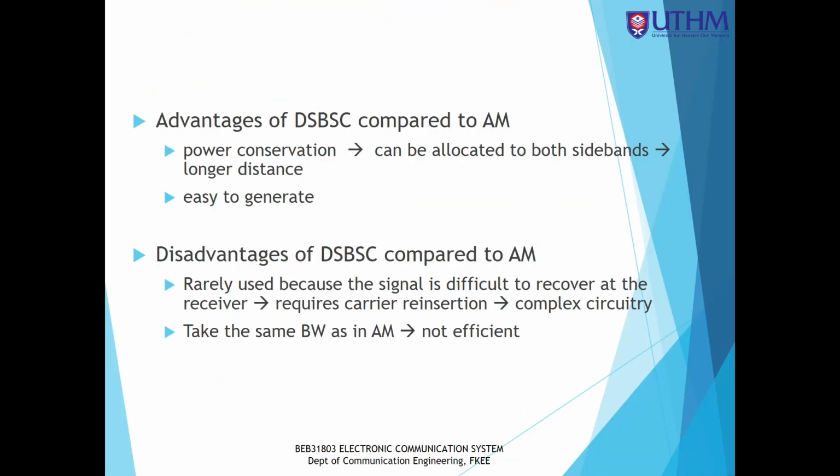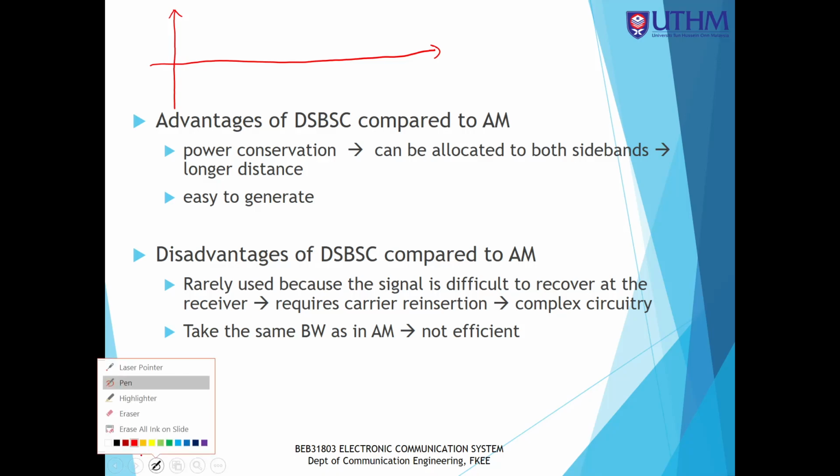So now I want to show you how to draw the double sideband suppressed carrier waveform. Okay, so when you want to draw the waveform for double sideband suppressed carrier, first we're going to see whether you draw correctly and whether you label correctly.